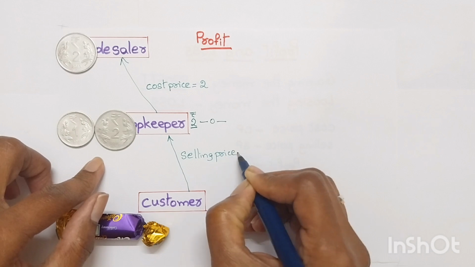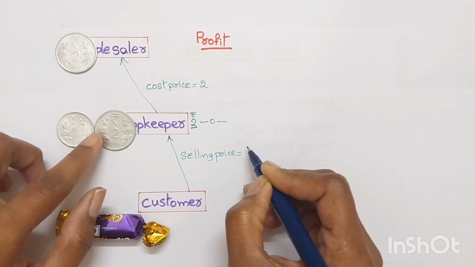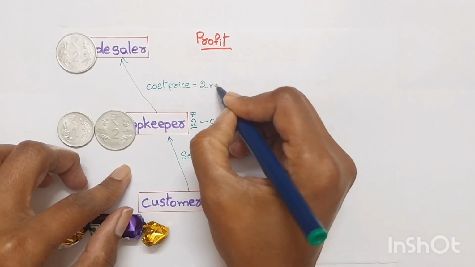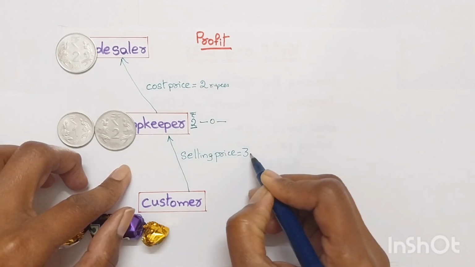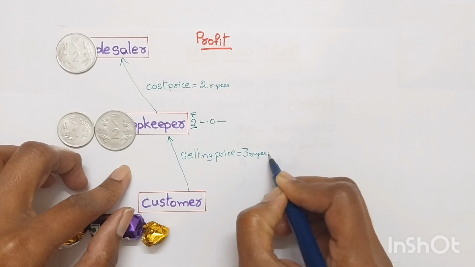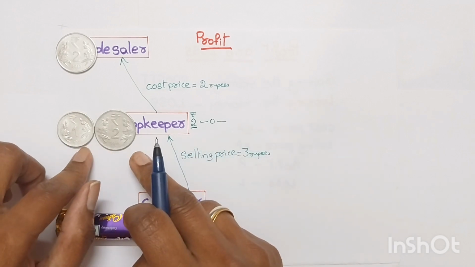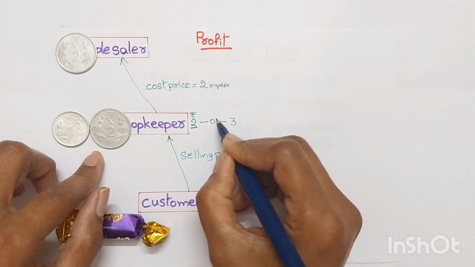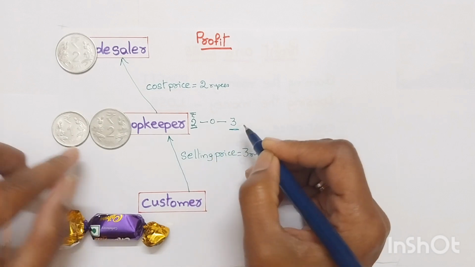Selling price, how much? 3 rupees. This is 2 rupees and this is 3 rupees. Now how much amount is with the shopkeeper? 3 rupees.